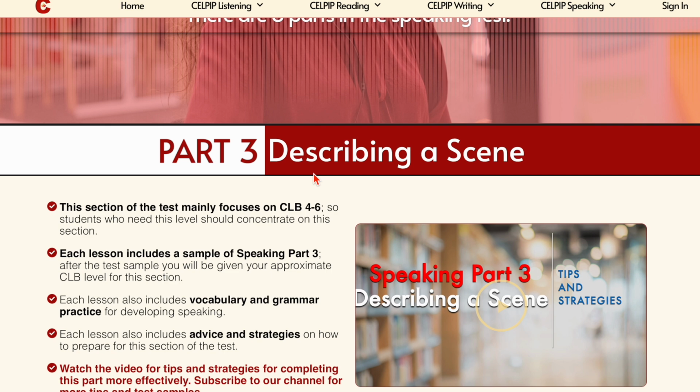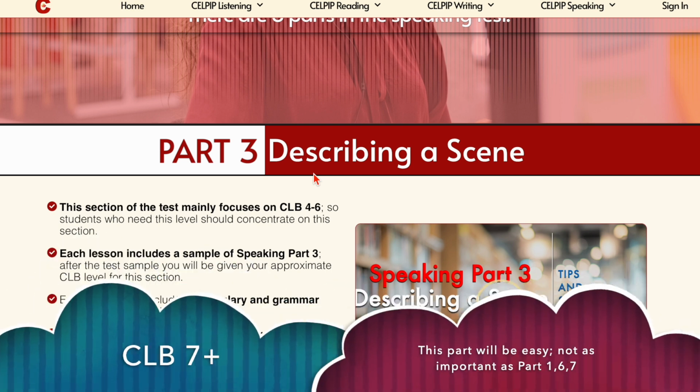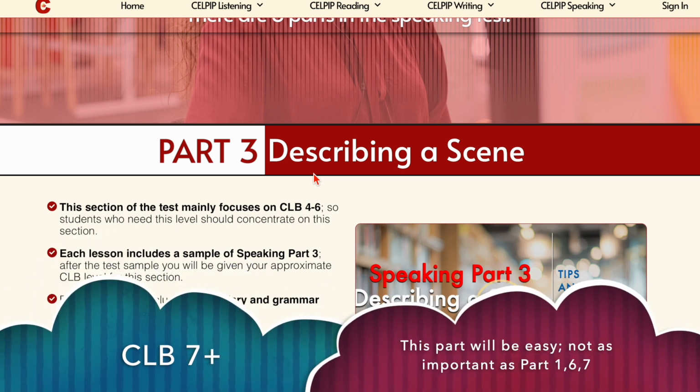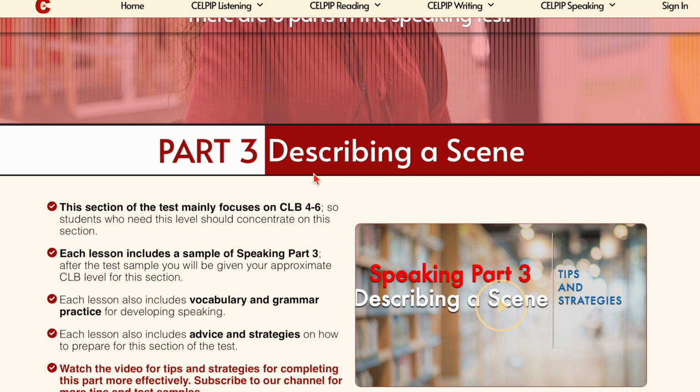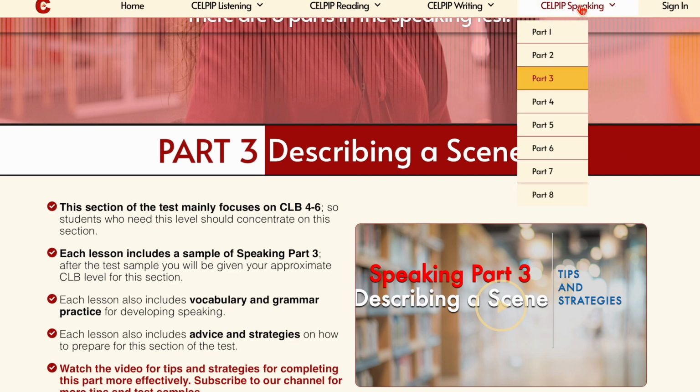Now, if you need to get CLB 7 or higher, then this part will be very simple for you to answer because you will have lots of knowledge, but you also need to develop stronger answers. And for higher levels, this part is not as important as part 1, 6, or 7, which are more complex, okay?